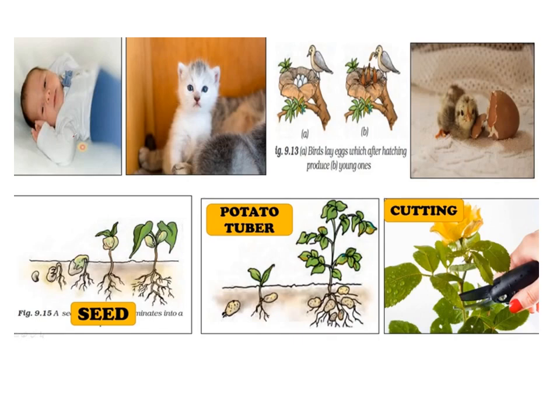Plants produce seeds which can germinate and grow into new plants. This is picture 9.15 from your book. Then again potato tuber, how potato grows: a part of potato with a bud grows into a new plant. It's okay, isn't it? Any problem? I hope there will be no problem. And another mode of reproduction of plants is through cutting. You can see here the example of rose.